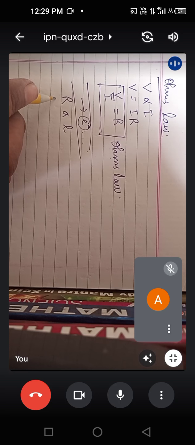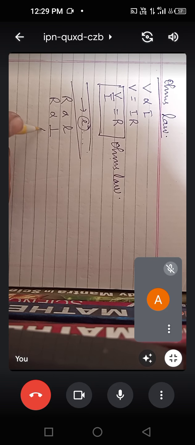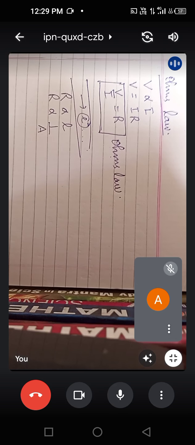And second, resistance is inversely proportional to the cross-sectional area. If the wire through which the current is passing is very thick, then the resistance will be less, and if the wire is very thin, then the resistance will be more.